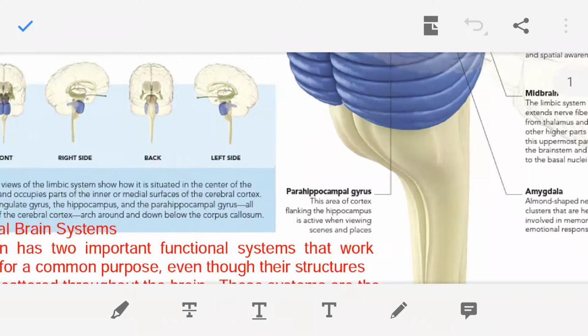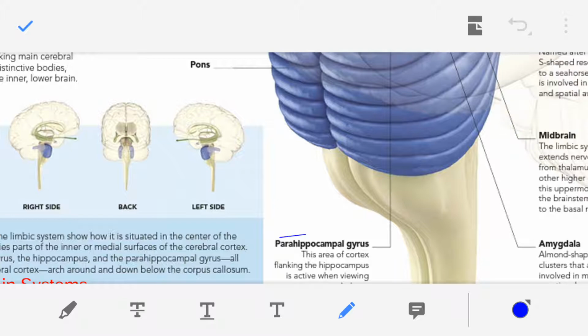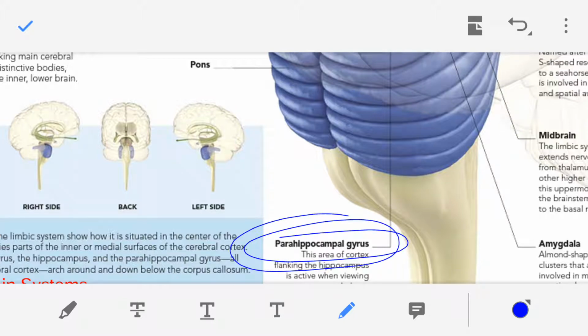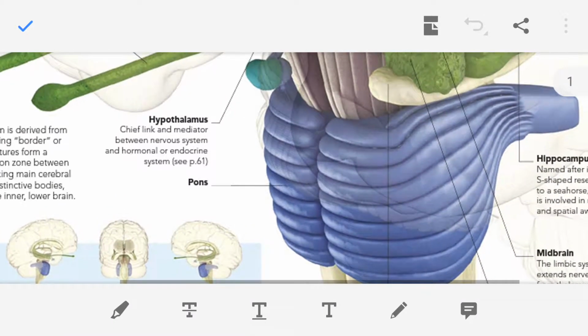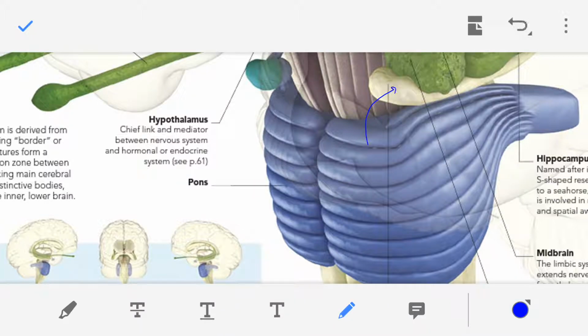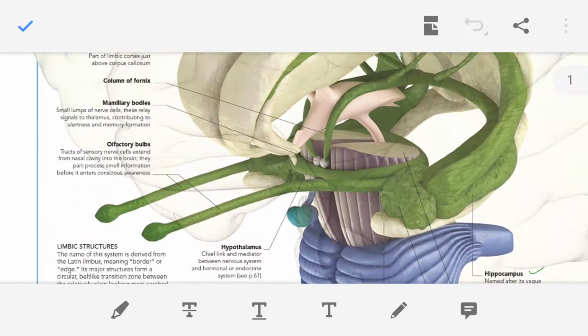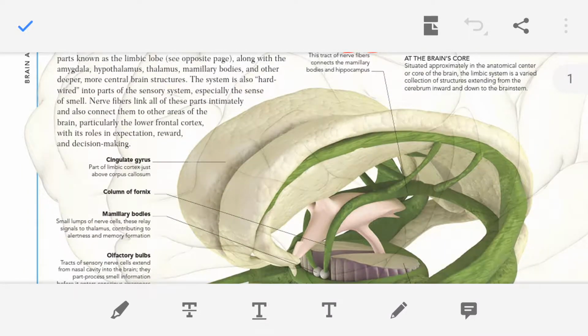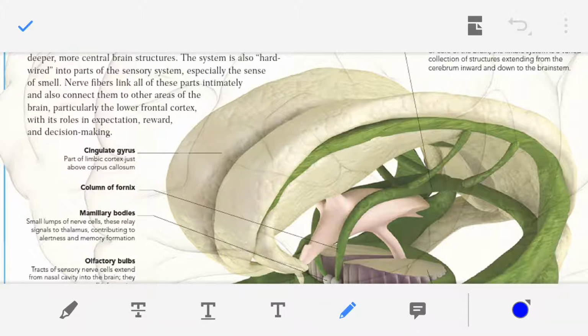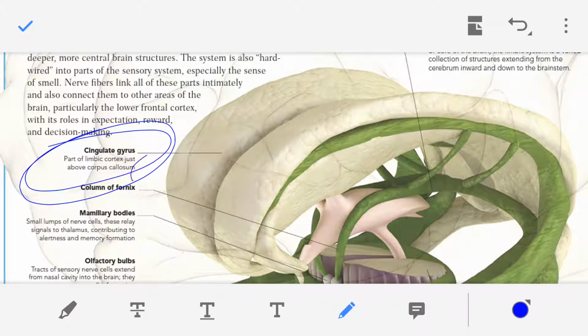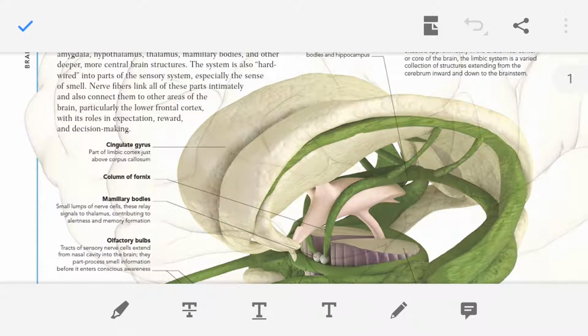In this figure also, parahippocampal, okay, this part is the parahippocampal gyrus, and here this is the cingulate gyrus.